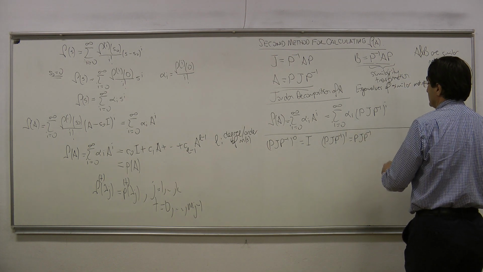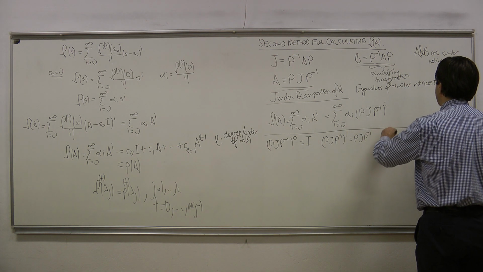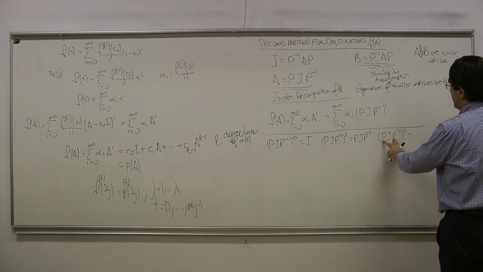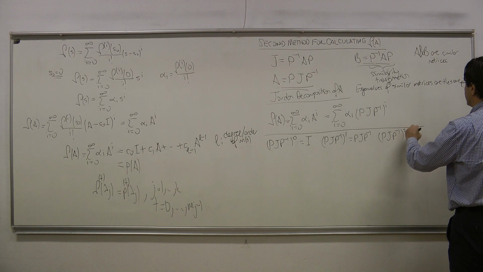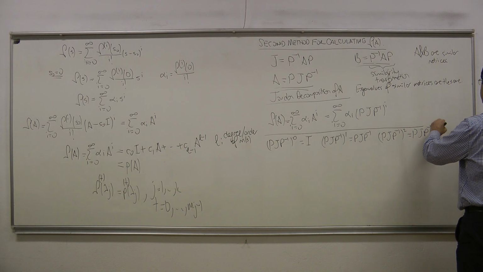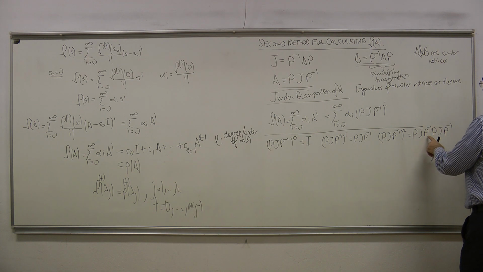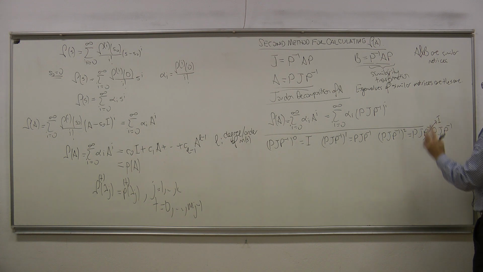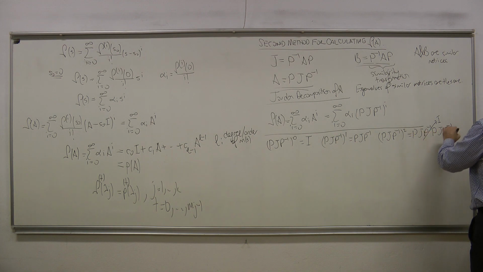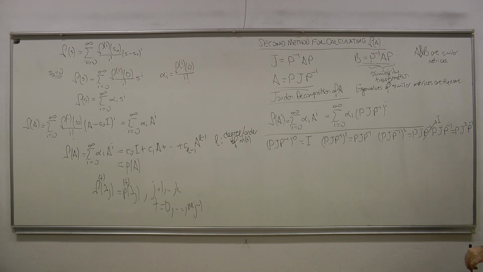And what about P J P inverse squared? In this case, I need to multiply this matrix with itself. So I have P J P inverse, this is the matrix, times itself, P J P inverse. Okay? Here, P inverse P is the identity matrix, so it can disappear from this multiplication. And J times J is J squared, so I have as the result P times J squared times P inverse. Okay?